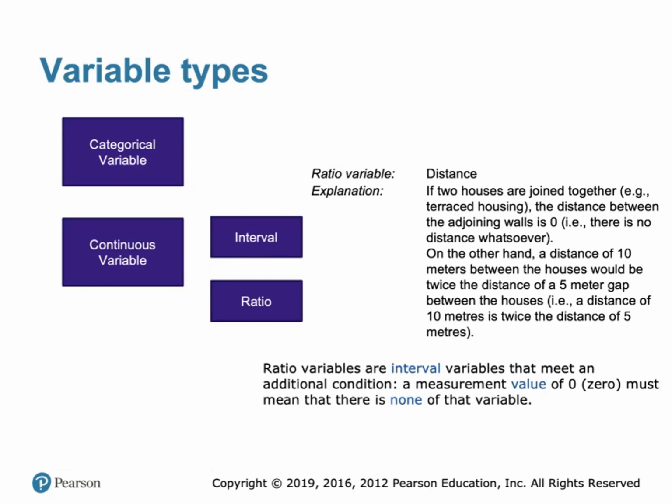On the other hand, a distance of 10 meters between the houses would be twice the distance of a 5-meter gap between the houses. So yes, it counts 0. The measurement value of 0 must mean that there is none of that variable. That's the difference between ratio and interval.